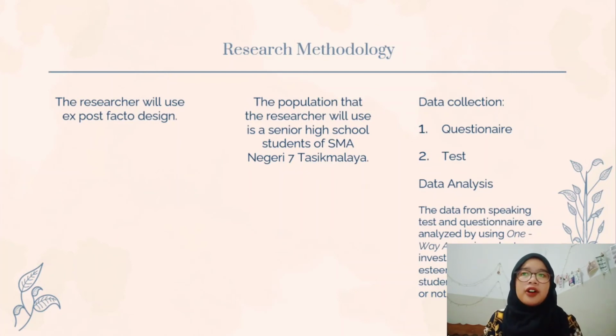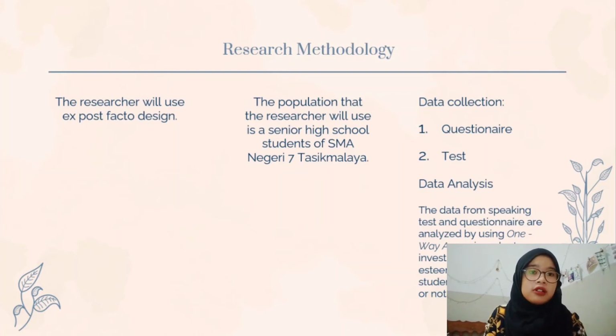And for the data collection, the research procedure, the writer will conduct the research in the second year of senior high school. The writer will give a questionnaire tryout to 30 students of the second year, and then use the questionnaire in the real test.